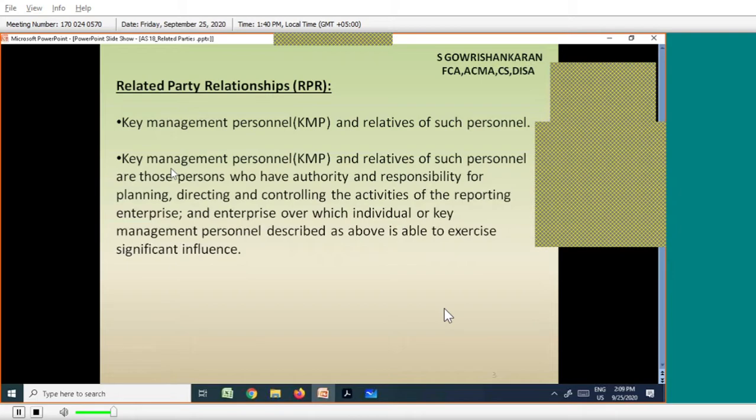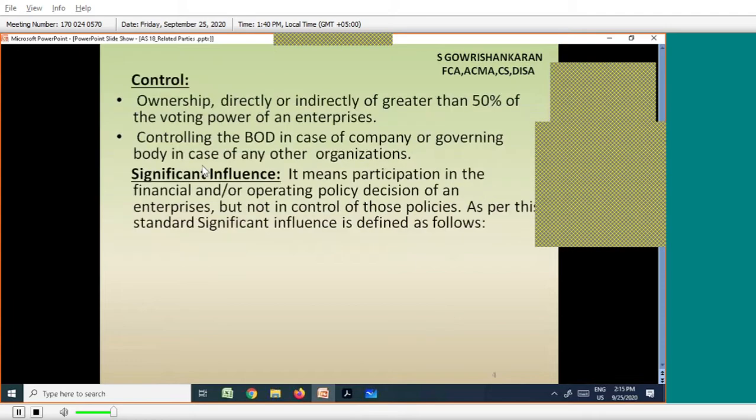That is the difference between influence and control. Influence means you can have some upper hand, you can put your thoughts, your wish, you can share your views, and you can influence them also to make that decision.